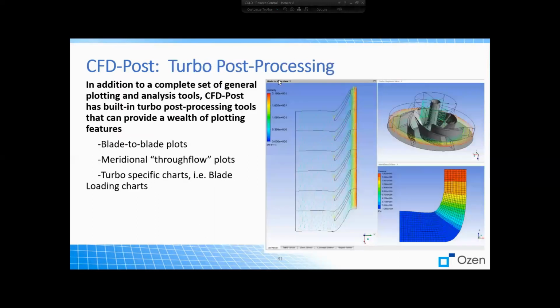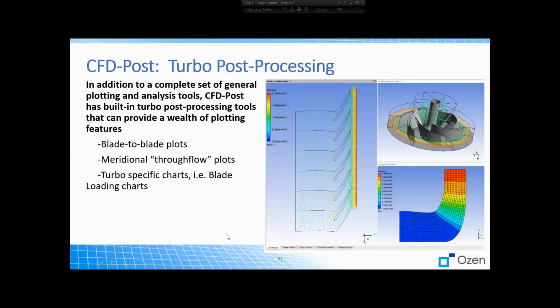And on top of that, we have something called turbo post-processing. We have some additional features in that, specifically for turbo, such as blade-to-blade plots, meridional or true flow plots, and turbo-specific charts that we'll be dealing with. If you are an expert, you definitely need these for the design of turbo machinery.